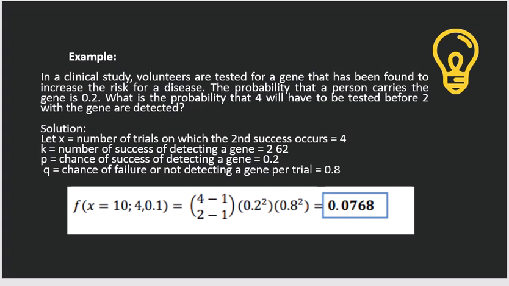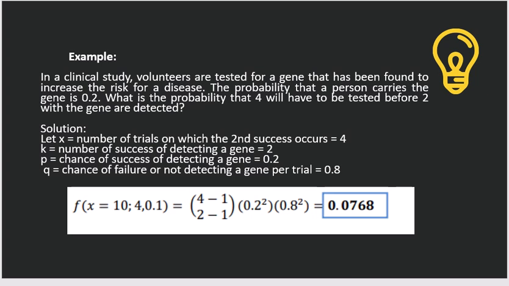So we have x, the number of trials for the second success, equivalent to 4, since that is what is asked. And we have k, the number of successes detecting the gene, which is 2. The chance of success p is 0.2, and q, the chance of failure per trial, is equivalent to 0.8. That is 1 minus 0.2, so you have 0.8.